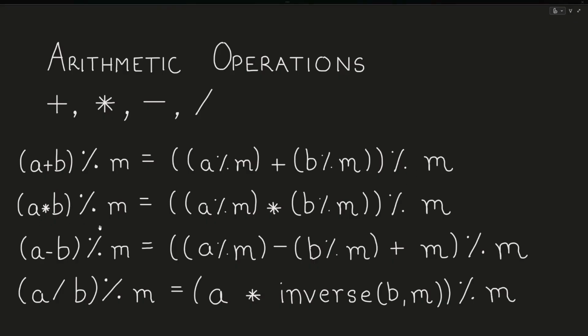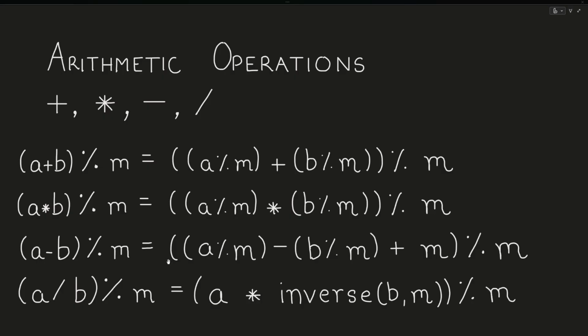And similarly for multiplication, we just need to replace the addition sign with the multiplication sign. But for subtraction and division, it's a bit different. Here for subtraction, we can say that (a - b) mod m is equal to ((a mod m) - (b mod m) + m) mod m.